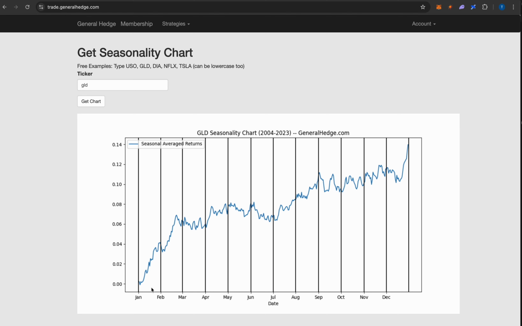Do we just buy when it's going up and sell? No, we don't. We look for the most strong periods that we can find in the chart. So for example, we're going to be focusing here on January, February, and maybe the last week of December, and maybe looking a little bit more into gold and seeing if we find some other reason why we think that should be true.